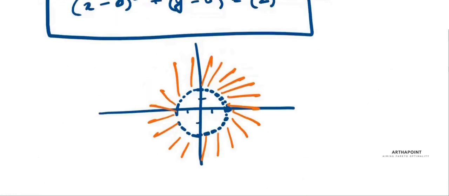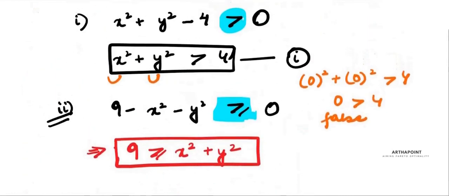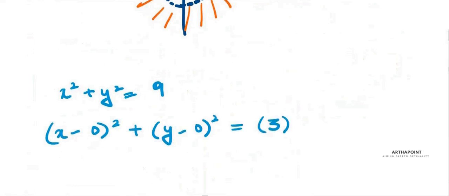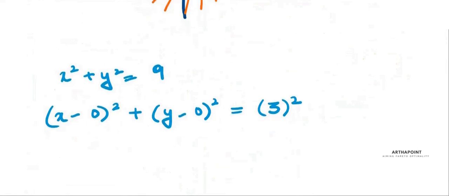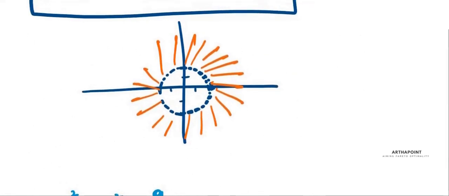Okay, now let's go to the next part. The next part that I got for my domain is x square plus y square less than or equal to 9. First, let's draw for equal to 9. When I say x square plus y square is equal to 9, I can rewrite this as x minus 0 whole square plus y minus 0 whole square is equal to 3 square. Now I understand that the radius is 3 and it's a circle. So I'm going to mark 3 here everywhere and draw a circle around 3.